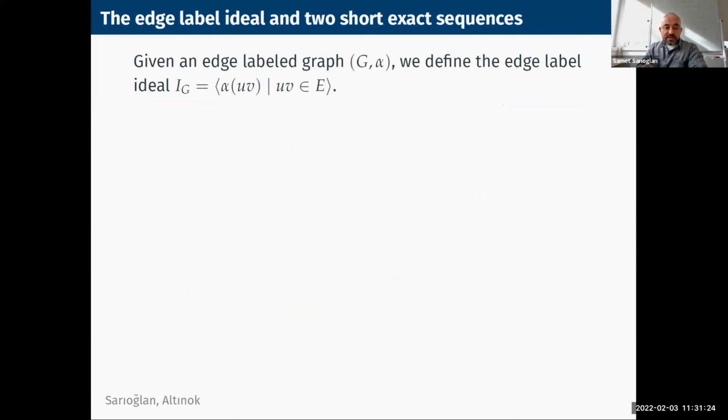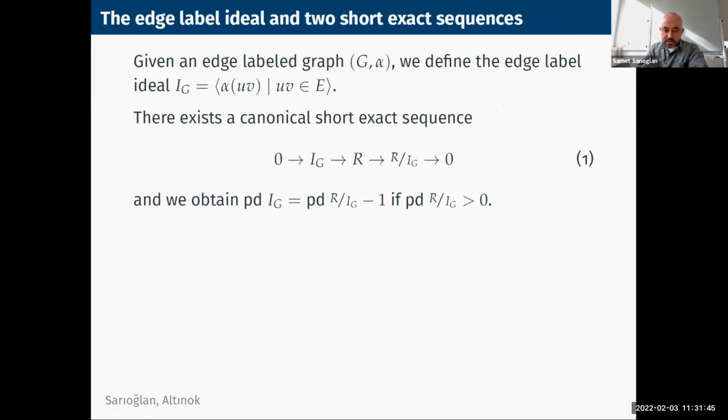We have now another definition, which is the edge-label ideal. Given an edge-labeled graph G alpha, we define the edge-label ideal IG by all the edge labels, alpha of UV, where UV is in the edge set of G alpha. Now we have two short exact sequences. The first one is the canonical short exact sequence, which is much more clear, I think.